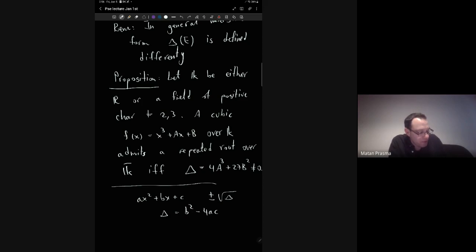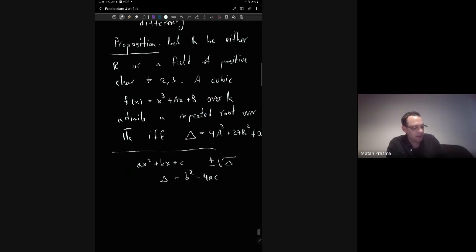Of course, you have no real solution if the discriminant is negative, because you cannot take a square root of a negative, but you will have complex solutions. The algebraic closure of the real numbers is the complex numbers, so I can always look for solutions of this quadratic over the complex numbers.